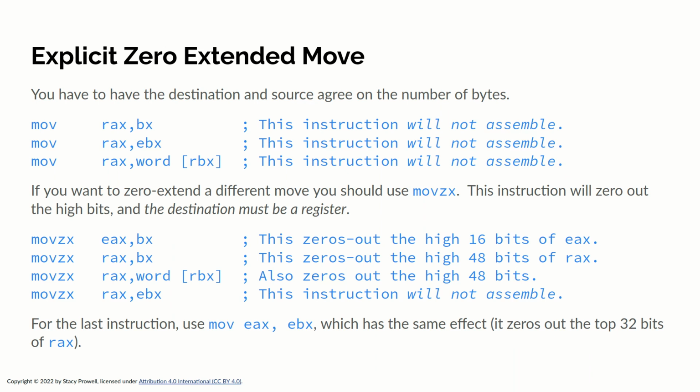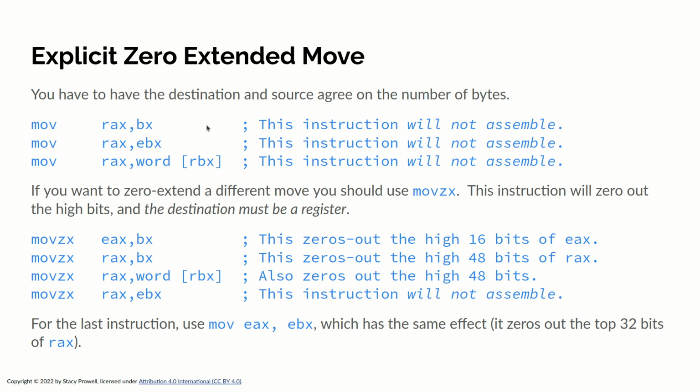Alright. The zero extended move only works in that case. Suppose I wanted to take what's in BX, which is a 16-bit register, and put it in RAX. Will this work? No, it won't assemble. Why not? This is a different size from this. Don't do that.